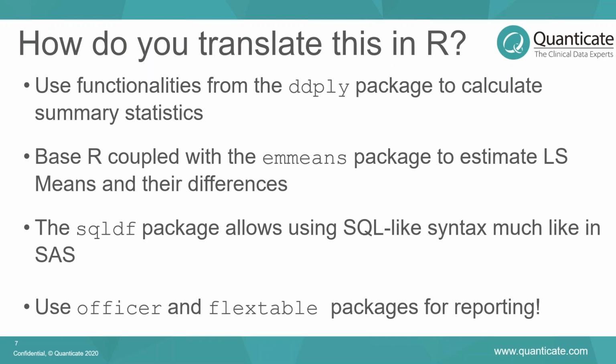This package, however, receives objects created by modeling functions in R and allows you to extract least squares means depending on the type of least squares means and control and comparisons you want to extract.